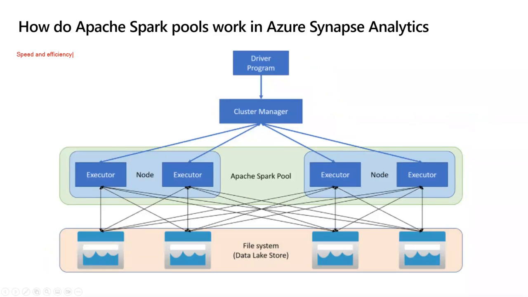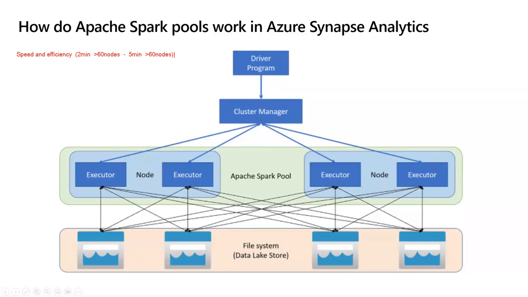Because when you want to launch a Spark instance, it can take you approximately 2 minutes when you have fewer than 60 nodes. And on the other side, it's going to take you about 5 minutes if you have more than 60 nodes.